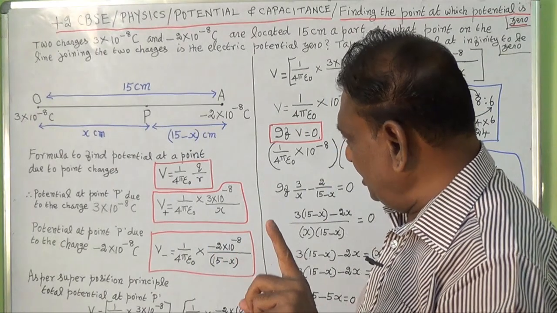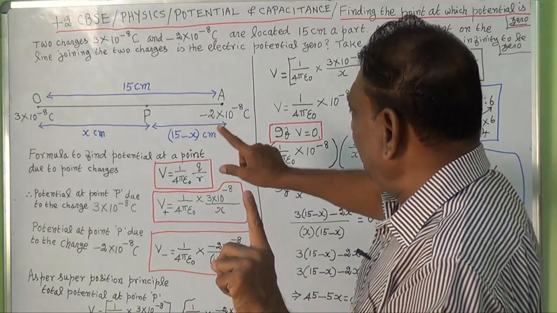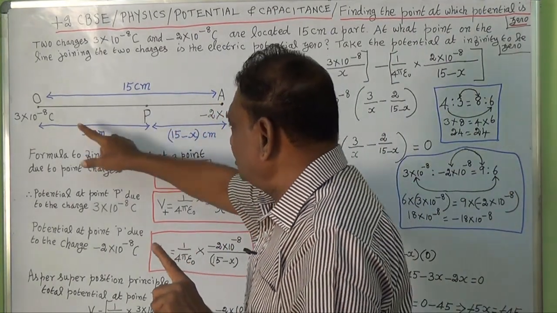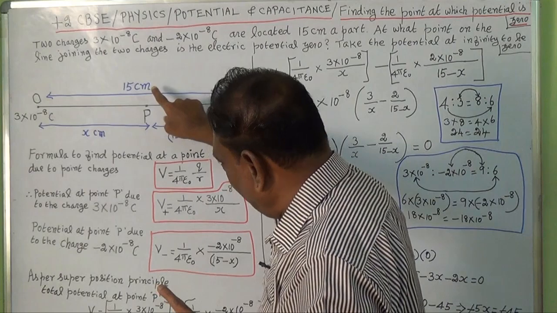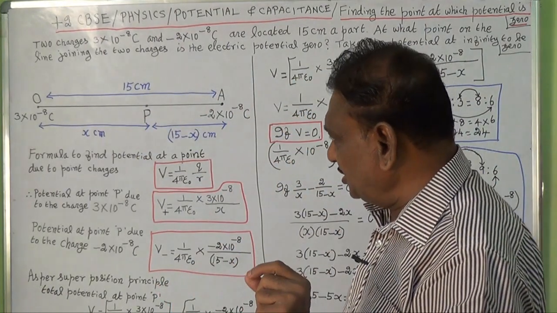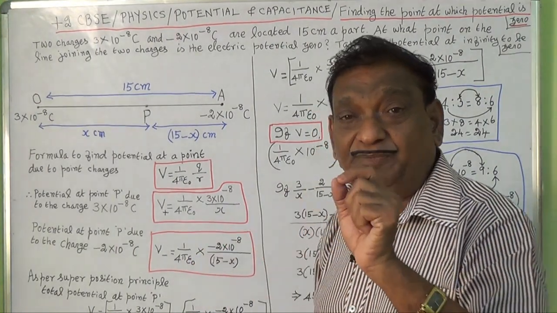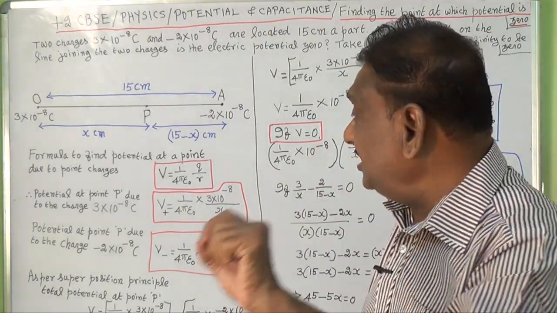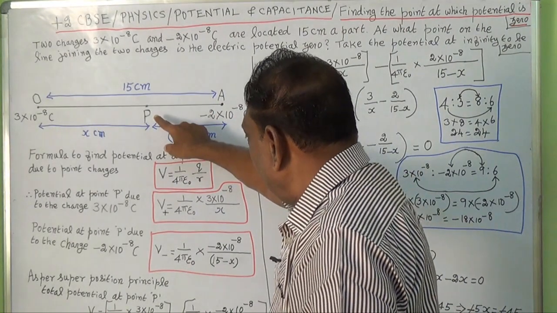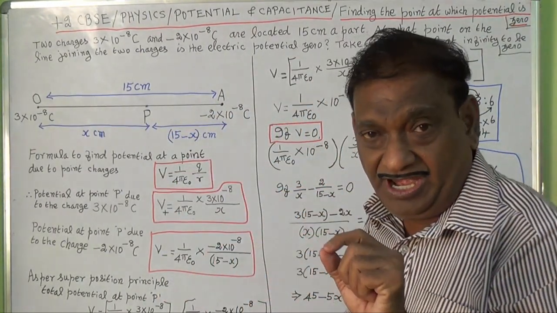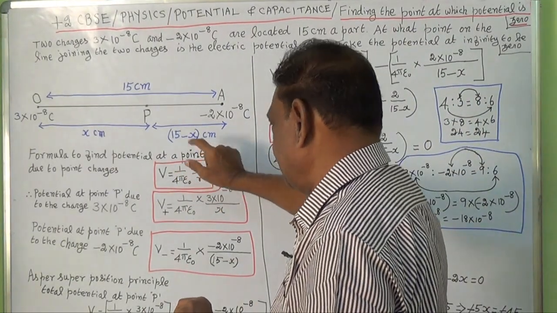If the distance between the positive charge and negative charge, that is between O and A, is 15 centimeter, and the distance between O and P is x centimeter, what will be the distance between A and P? The distance between A and P will be 15 minus x centimeter.